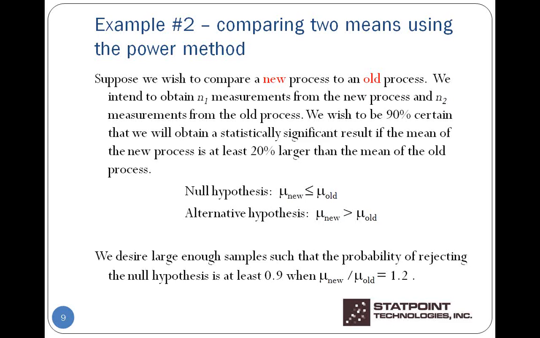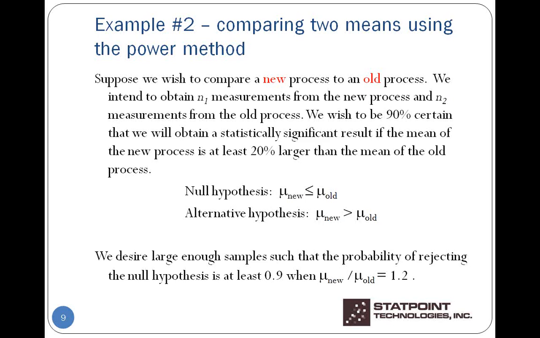And we want to make sure that we take enough samples so that the probability of rejecting the null hypothesis in favor of the alternative is at least 0.9 if the mean of the new process is 20% greater than the mean of the old process.